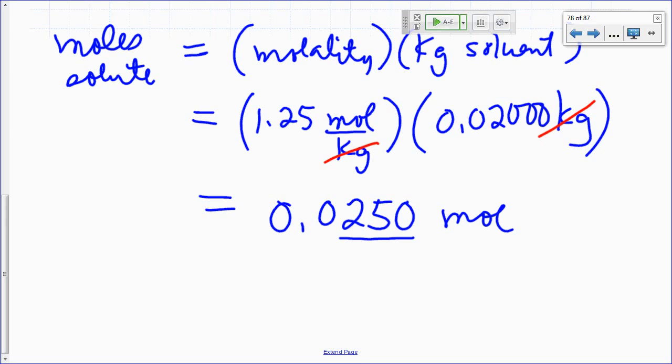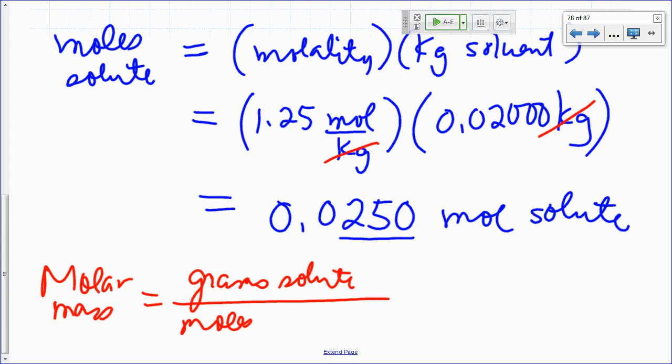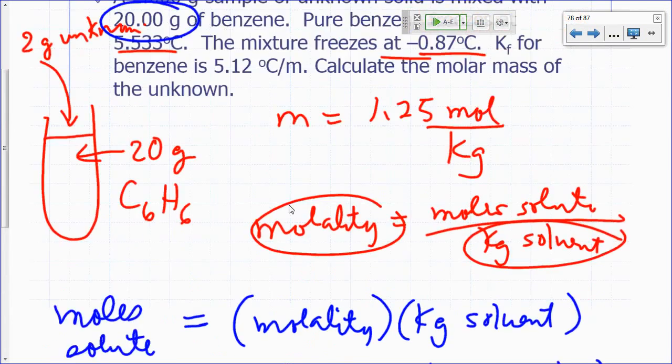Now that we know how many moles we have, what's our molar mass? This is moles of solid. And so our molar mass is grams per mole, so grams of solid over moles of solid. How many grams of solid do we have in the problem?